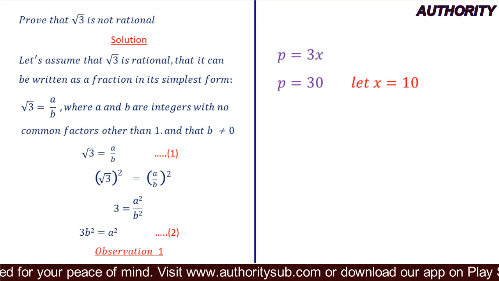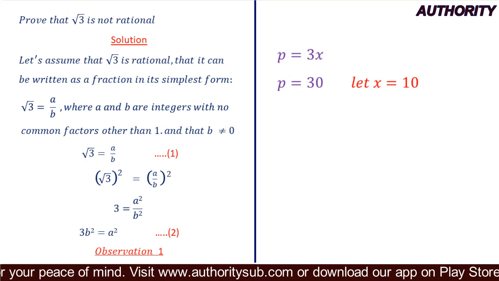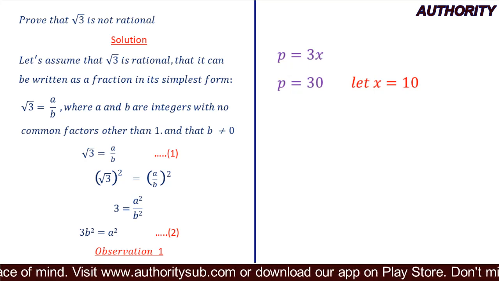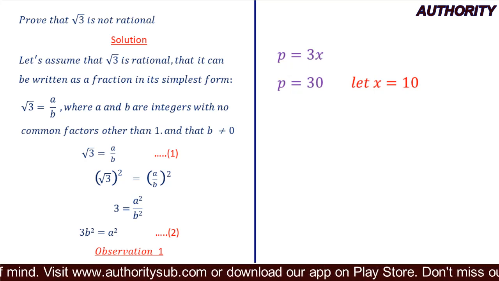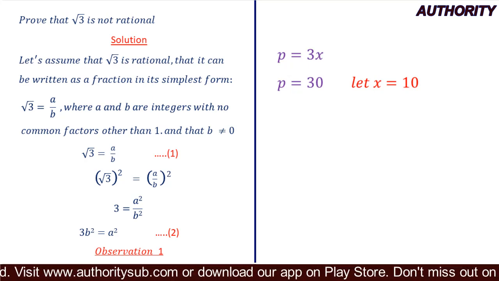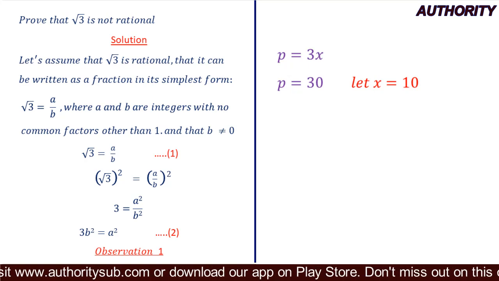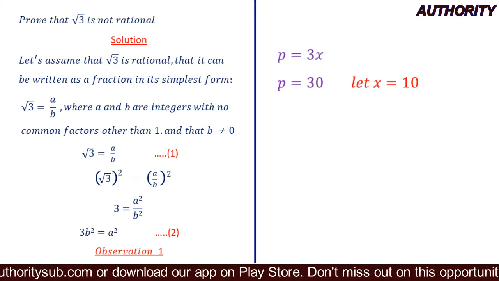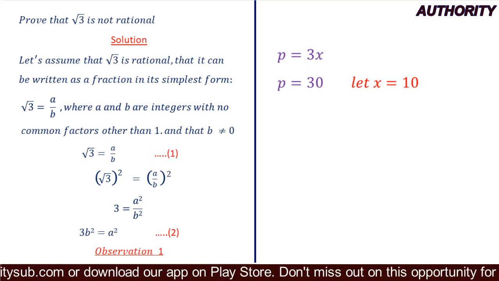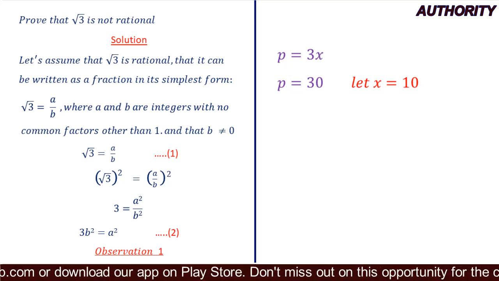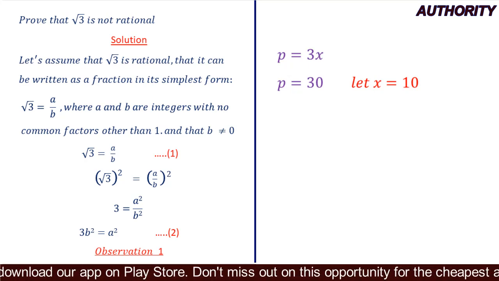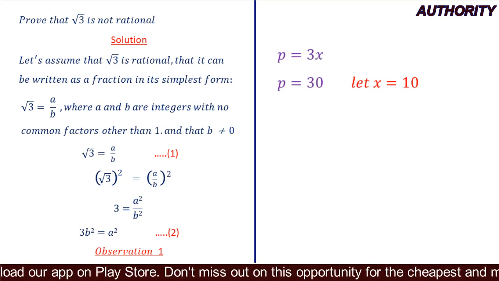Now look at it. Let me explain again. p is equal to 3x. Because of this 3 you can see, it's telling you that the whole right hand side is the same as the left hand side, right? Good. So when you fix a value for x, for instance x is equal to 10, 10 multiplied by 3 is 30, telling you that p is equal to 30.